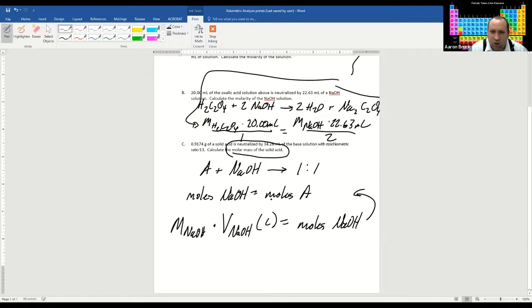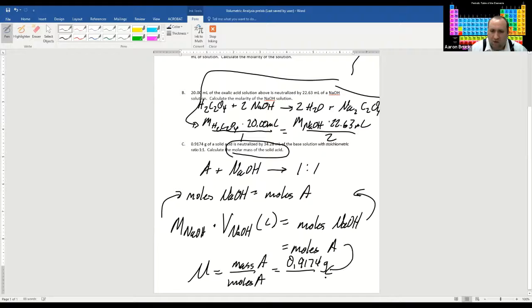Since it is a 1-to-1 ratio, as we just looked at here, that means it'll be the same as the number of moles of the acid. To find the molar mass, I need the mass of the acid divided by the moles of the acid. Mass of the acid's been given to us, 0.9174 grams. The moles we need to find, once we do, we'll be able to figure out the molar mass.